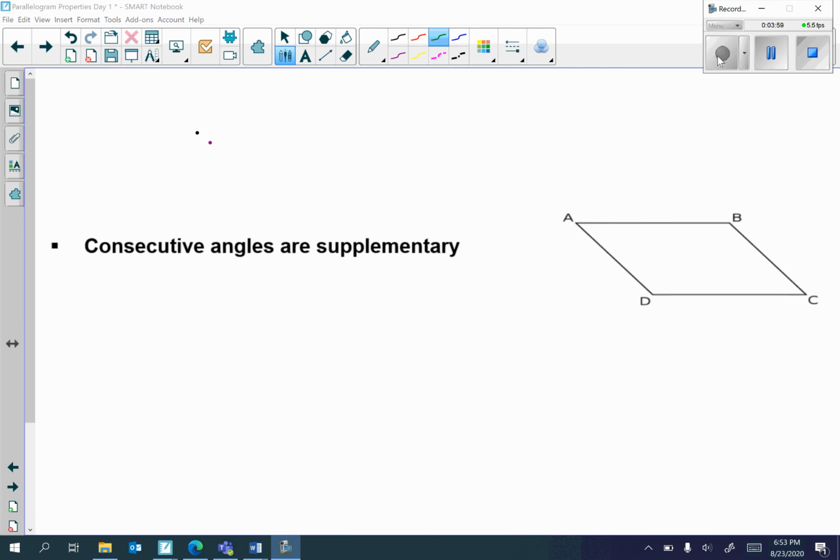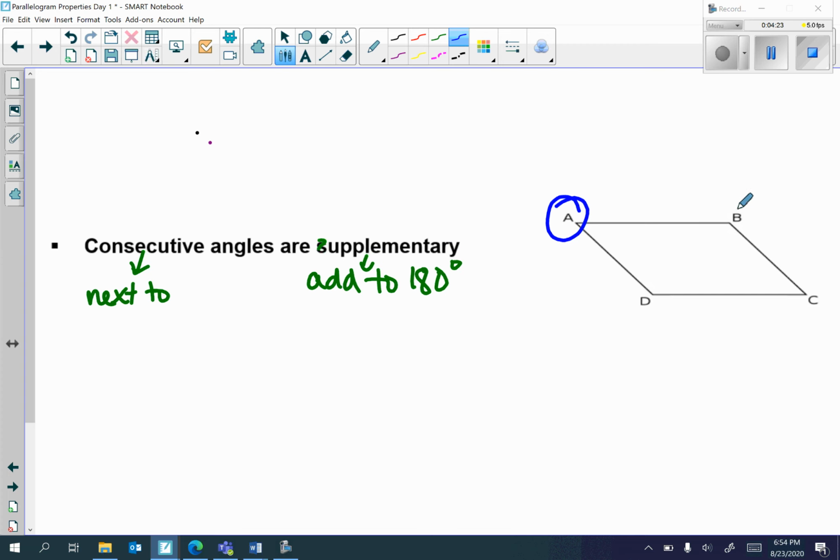Next, I have consecutive angles are supplementary. When you see this word consecutive, that means adjacent or next to. And remember, supplementary, I can turn the S into an 8, and that means they add to 180 degrees. So let's talk about consecutive angles. Angle A is consecutive to angle B, meaning if I add angle A plus angle B, that's going to equal 180 degrees.